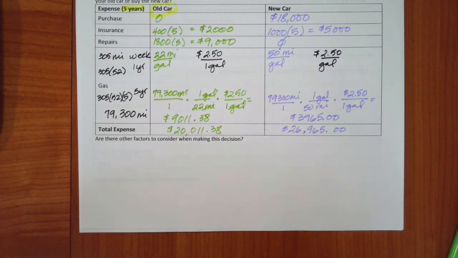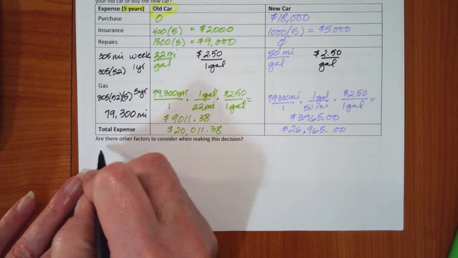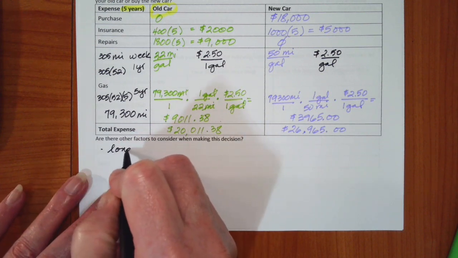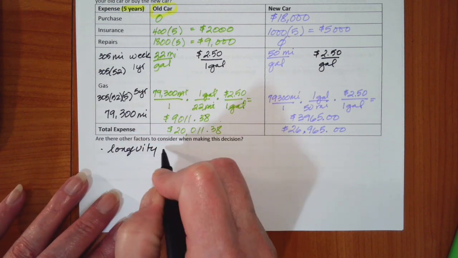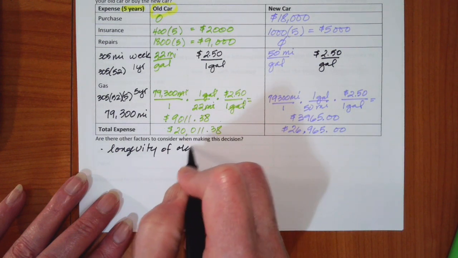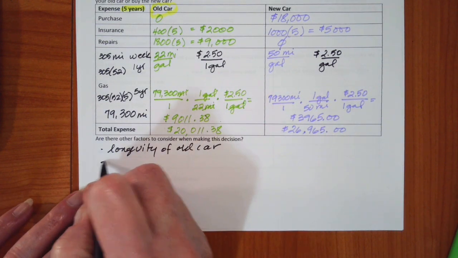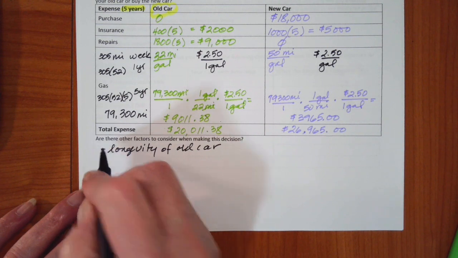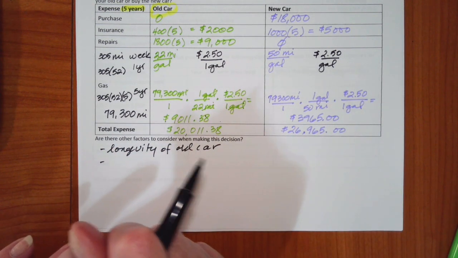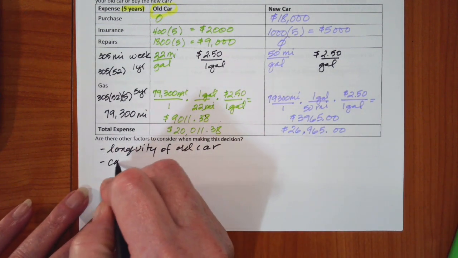Okay, but some things that were brought out in the discussion, other factors when making the decision would be the longevity of the old car. One thing that wasn't brought up, but I know is on a lot of people's mind, is the carbon footprint.